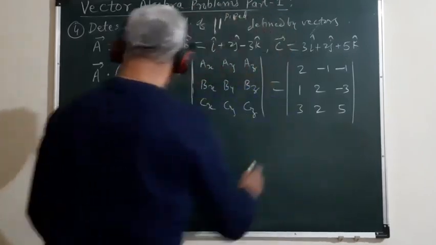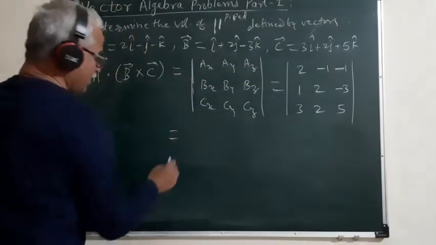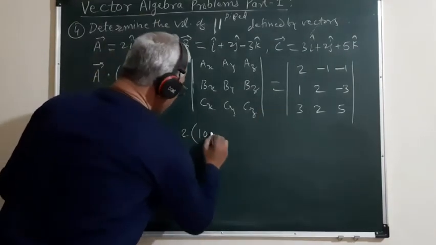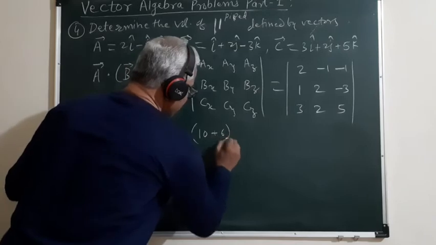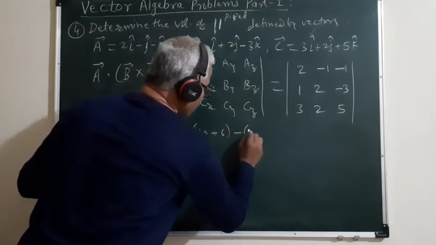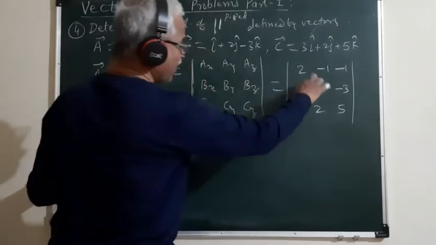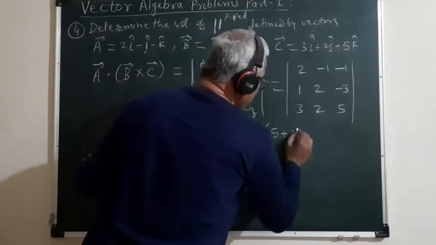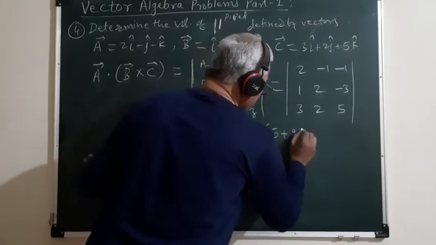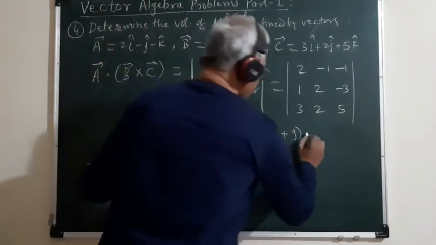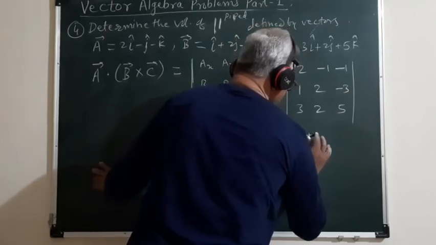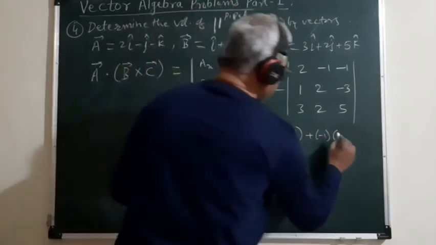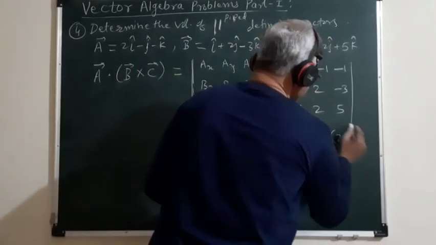So if we solve this determinant, it works out to be 2 into bracket 10 minus of minus 6, which is plus 6, minus of minus 1 into bracket 5 minus minus 9, so it is 5 plus 9, plus minus 1 into bracket 2 minus 6.